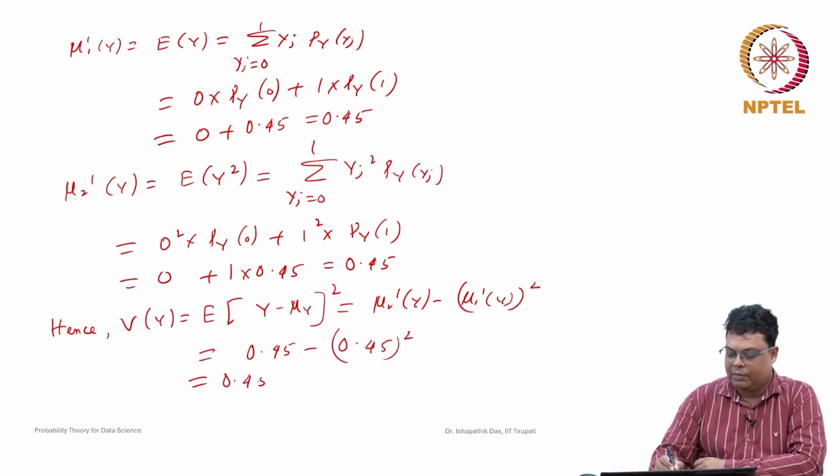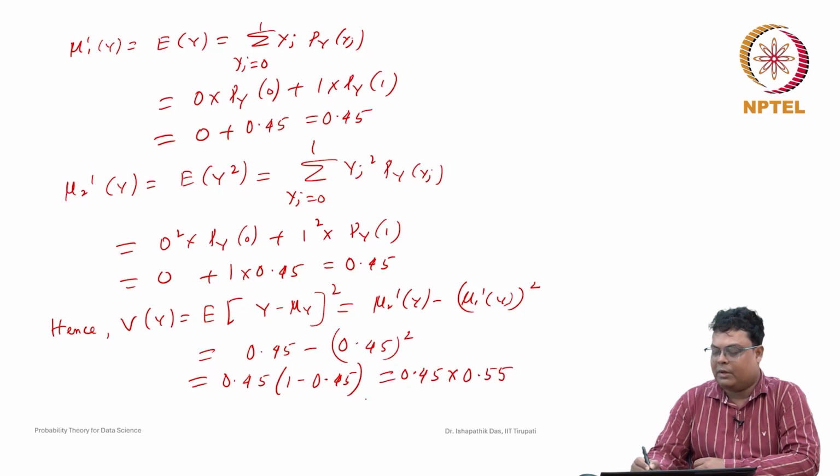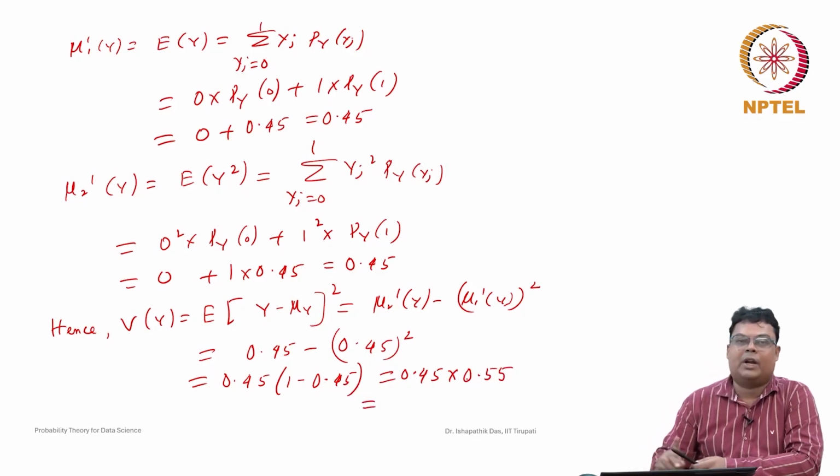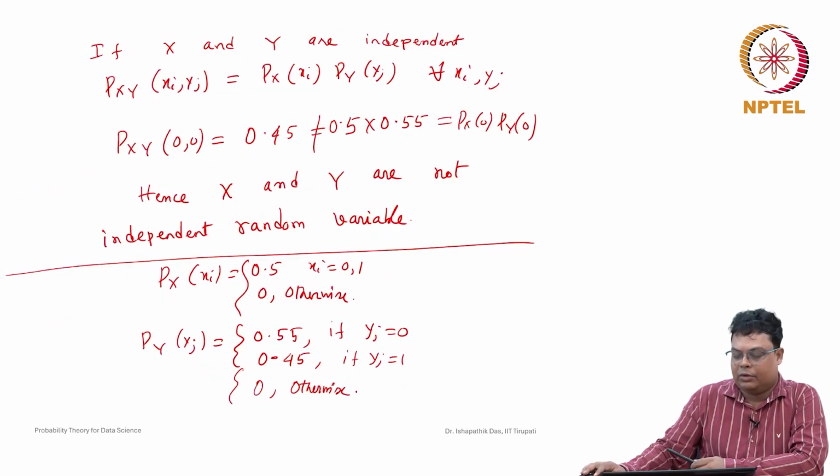This is nothing but 0.45 into 1 minus 0.45, so this is 0.45 into 0.55. Whatever the value comes, you can compute numerically and find the variance of y.